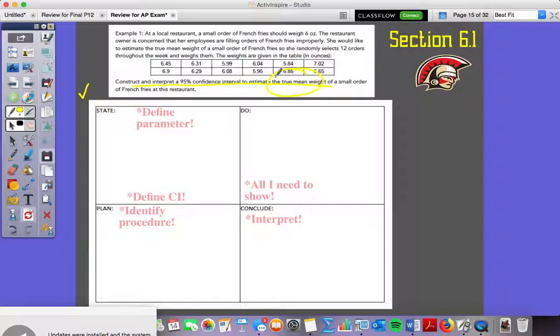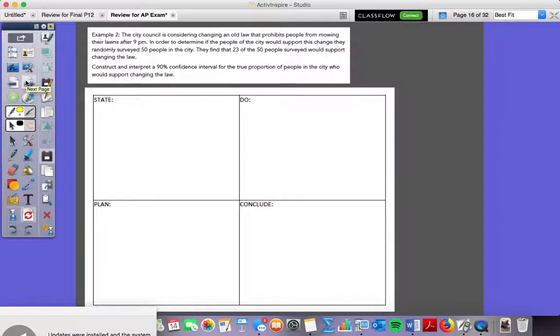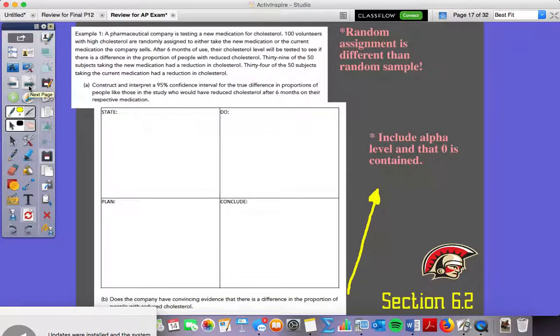If I look at this one, it says construct and interpret a 90% confidence interval for the true proportion of people in the city who would support changing the law. One sample z interval, right? You see the difference? I'm just looking at the last sentence. Construct and interpret a 95% confidence interval for the true difference in proportions. So that's a 2 proportion z interval.